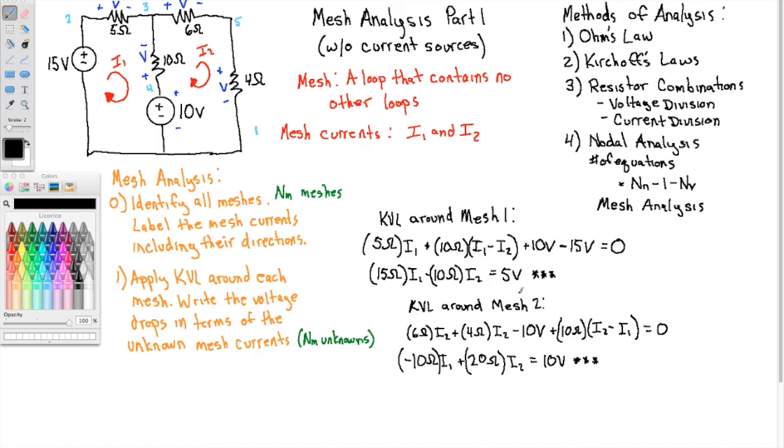Okay, so now I need to solve this system of equations. Now these are only 2 equations with 2 unknowns, so you could probably do this with substitution or elimination fairly quickly. Notice here there's a minus 10 I2 and a positive 20 I2.